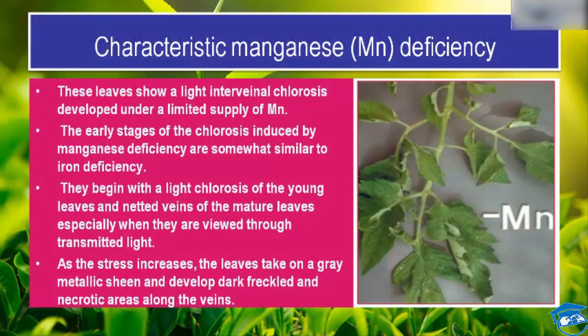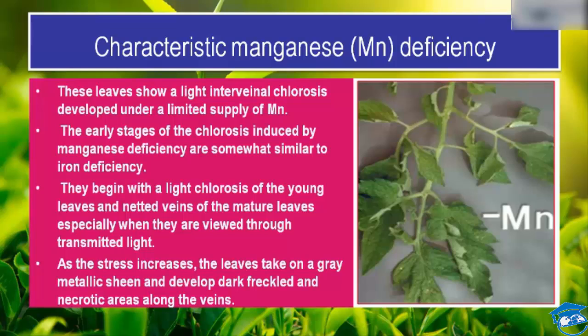Now come to the manganese deficiency. These leaves show little intervenal chlorosis, which is developed under limited supply of manganese. As we all know, manganese is absorbed in plants in the form of manganese ion, that is Mn2+. And what's the significance of manganese?